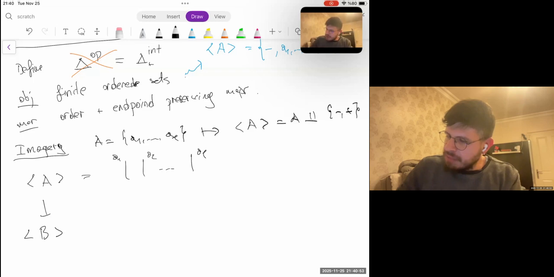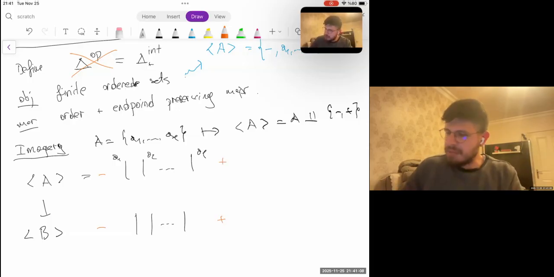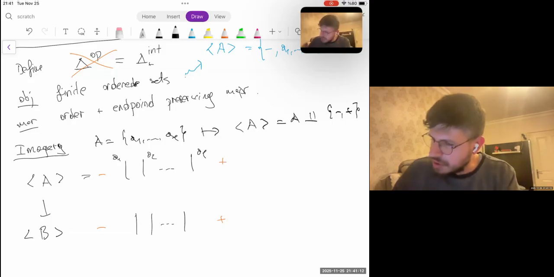Let's say I have some B's here. I will think of the elements minus and plus as sort of invisible, in the background. They don't really play a substantial role.